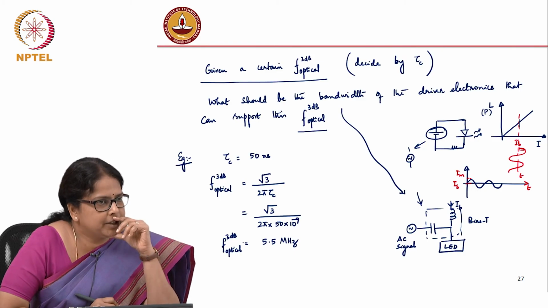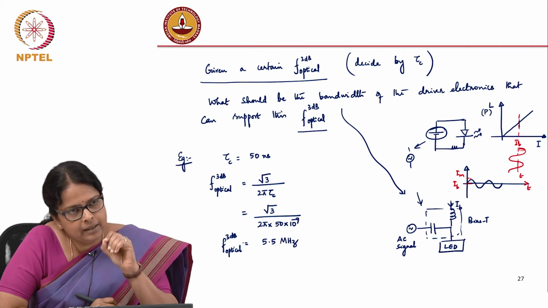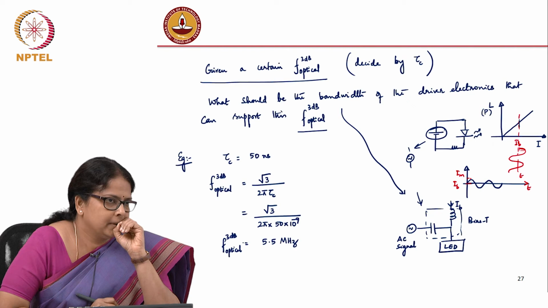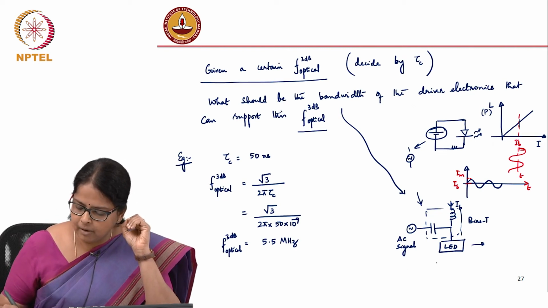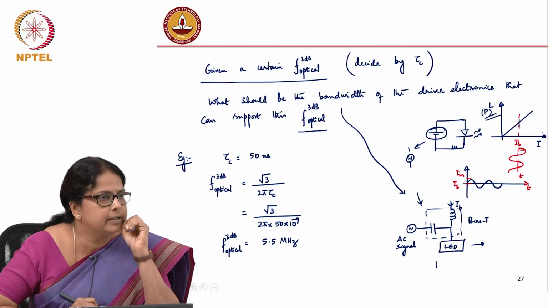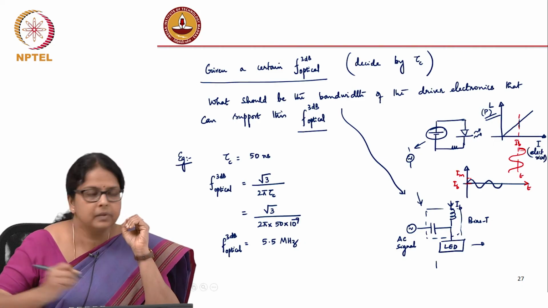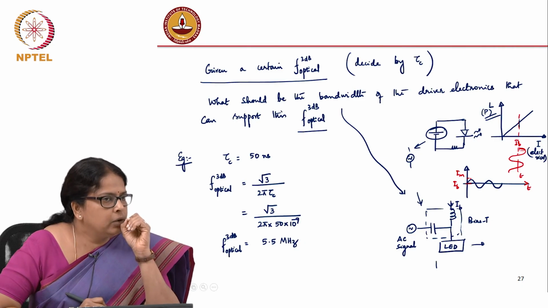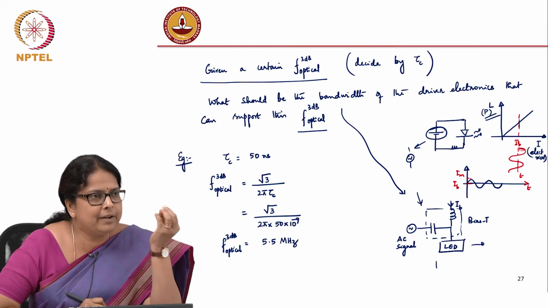What is the relation between the current and the optical power? You see, this drive current gives your optical power. Here we have the graph. The optical power is proportional to the drive current. This is the electrical drive current. Okay. So, if you talk about 3 dB bandwidth in an electrical circuit, how is the 3 dB bandwidth of an electrical circuit defined?